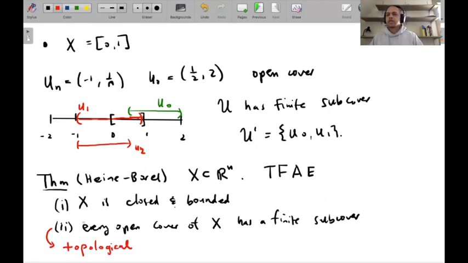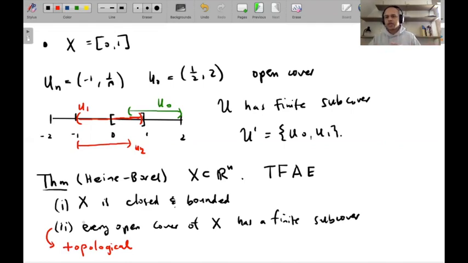It's described just in terms of open sets of X. And any property that you can describe in terms of open sets is a topological property, because a topological equivalence is a function between X and Y that preserves open sets.